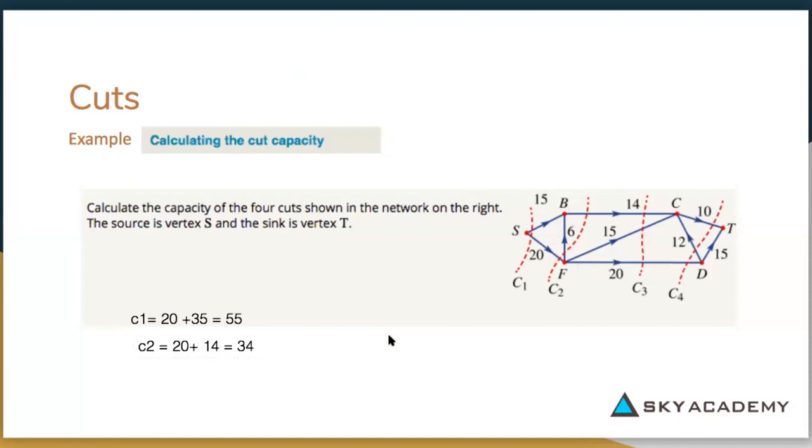Now if we have a look at cut 3, all our lines go directly from the source to the sink. As you can see, they are all going in that direction.